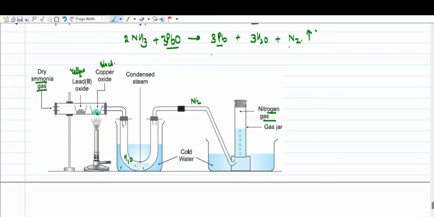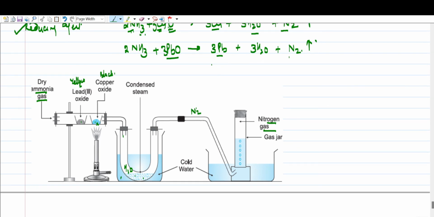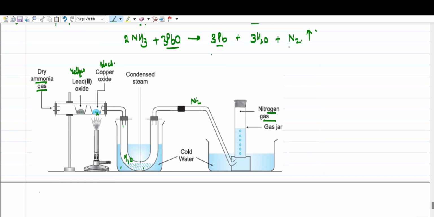Now, another reaction to prove that ammonia is a reducing agent is when ammonia combines with chlorine gas. So when we take ammonia gas and combine this with chlorine, there are two cases. First, ammonia is taken in excess, right?